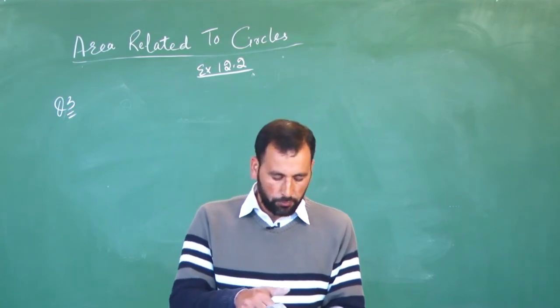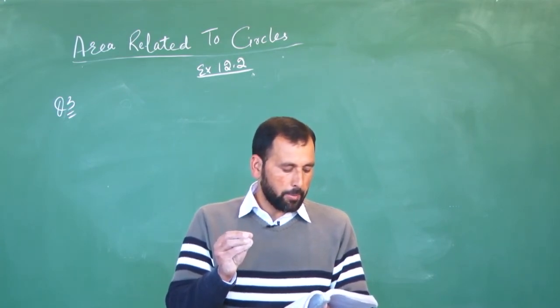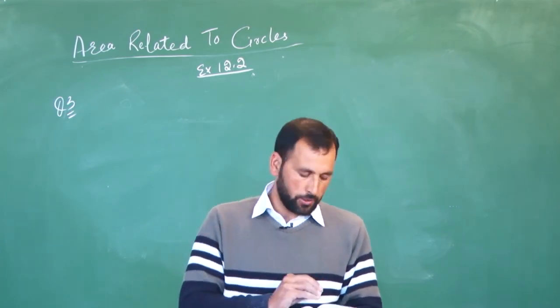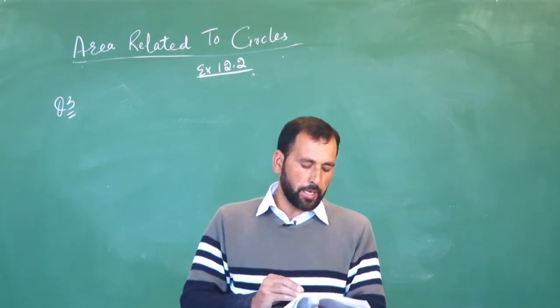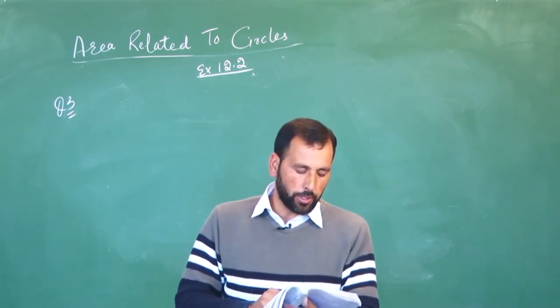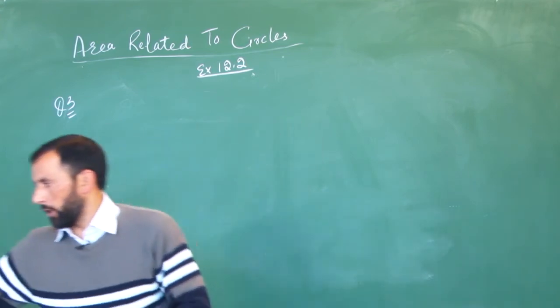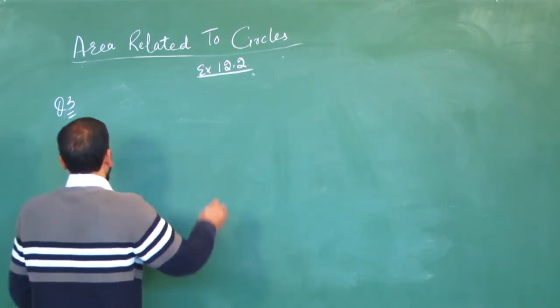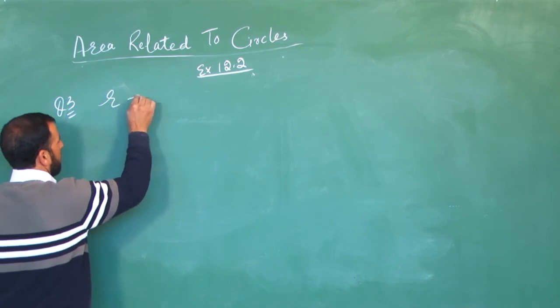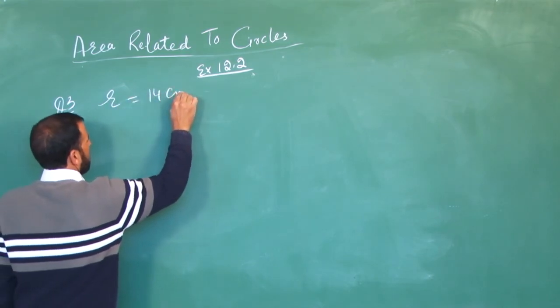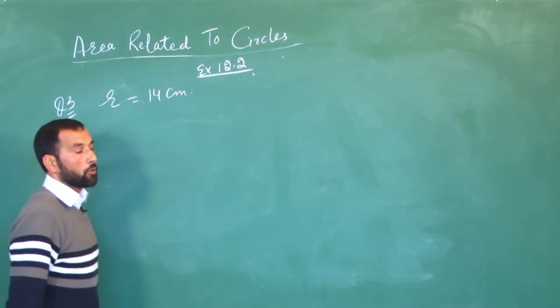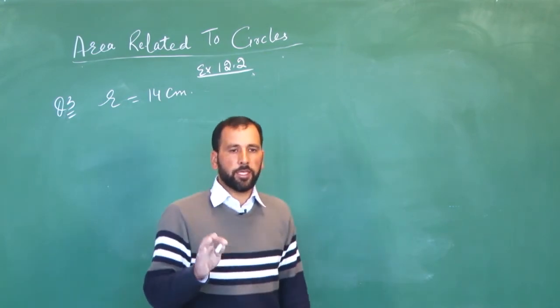So we have to first find out the angle made by the minute hand in 5 minutes. The length of the minute hand, that is the radius, is equal to 14 centimeter. So we write question number 3 as radius or length of minute hand is equal to 14 centimeter. And now we have to find out theta here, that is the central angle.